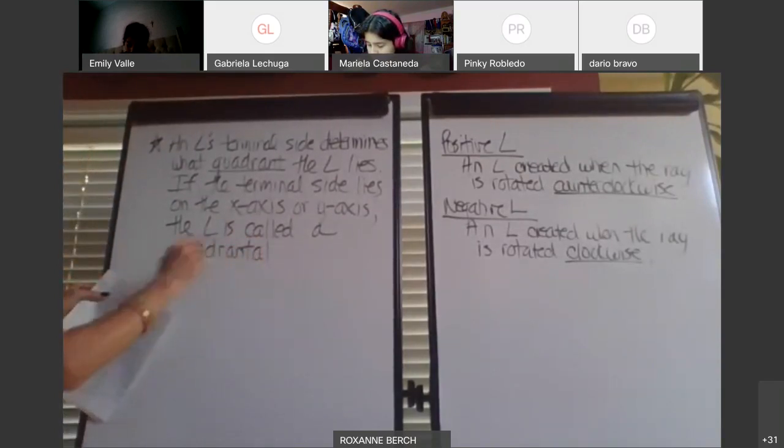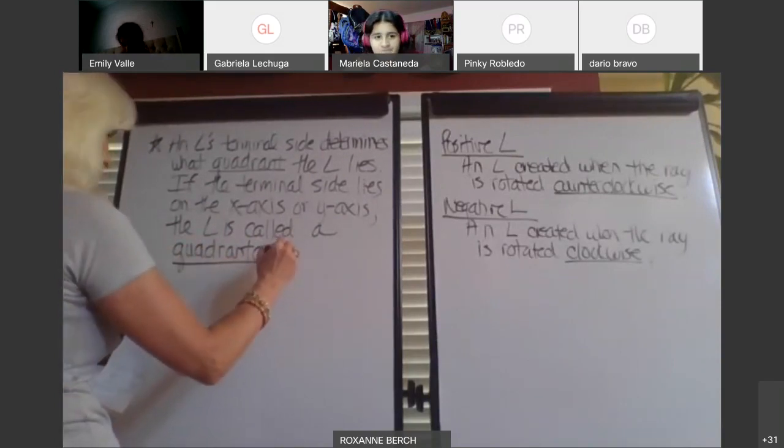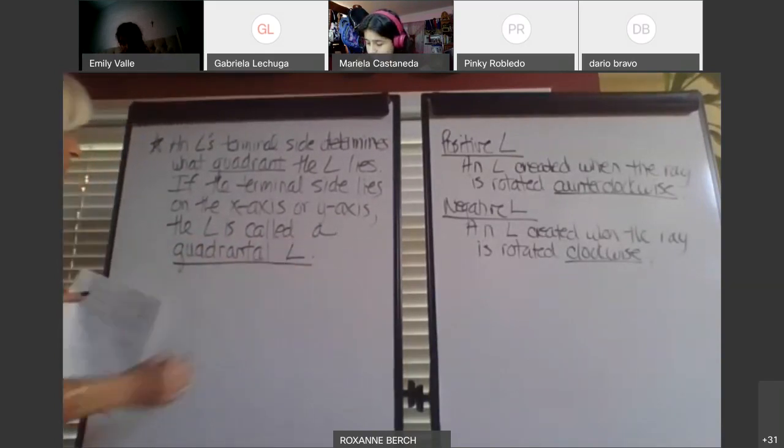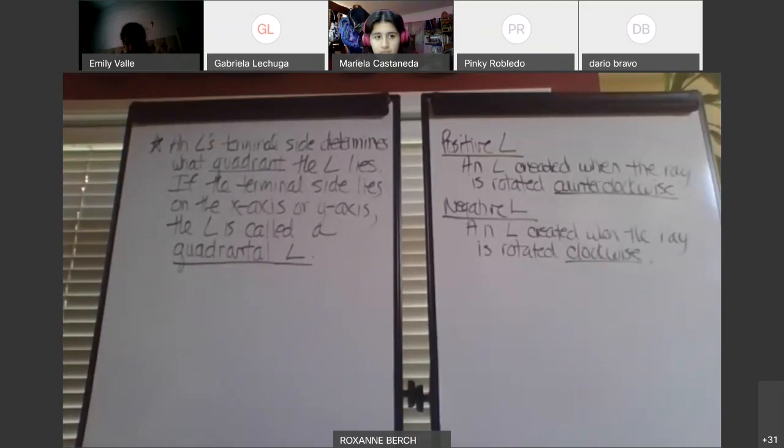So if the terminal side lies on the x-axis or y-axis, the angle is called a quadrantal angle. Make sure you put that in your definitions for the vocabulary.